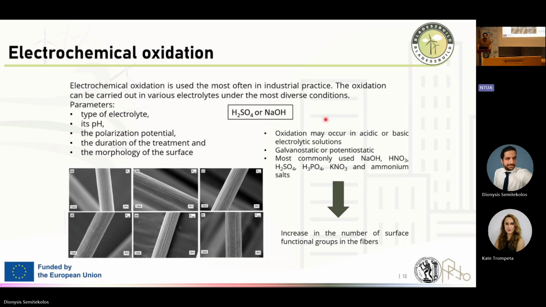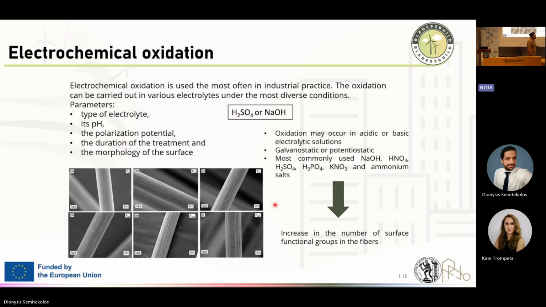The difference is that we also apply potential, polarization potential, and this can also take place in cycles. So we can do cyclic voltammetry, for example. I will not go into very many details here. You can read some of our papers or ask us if you want to read more. But the idea behind it is linked also with the structure of the fiber.